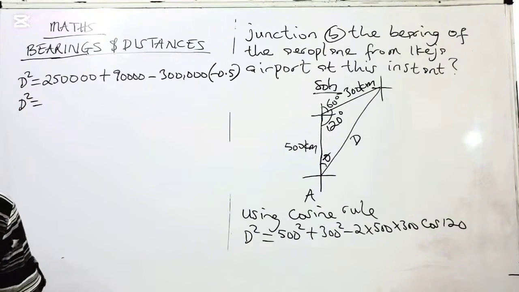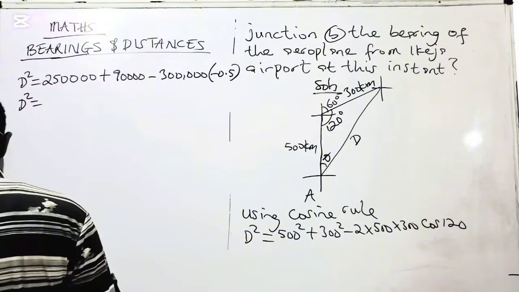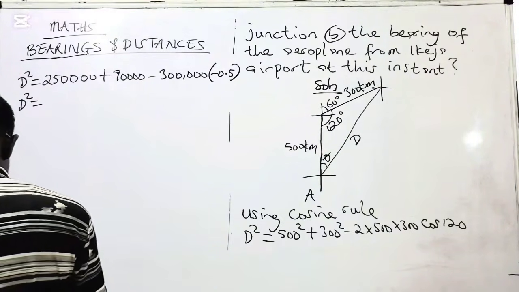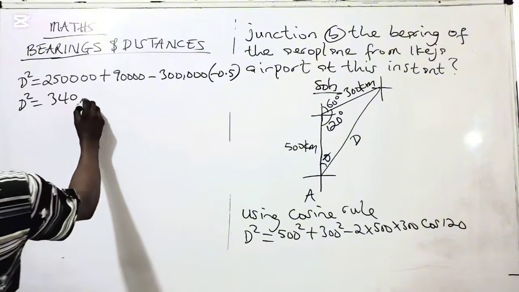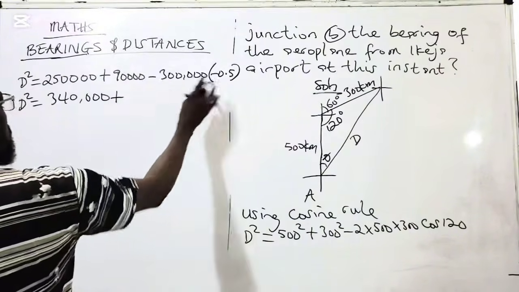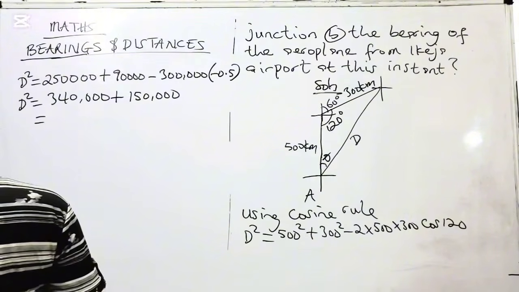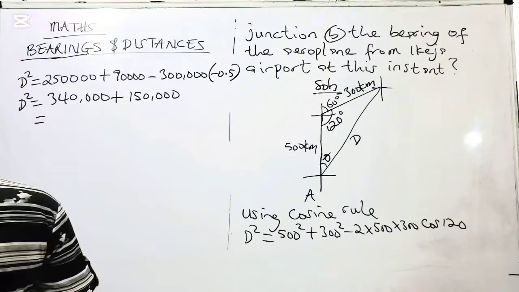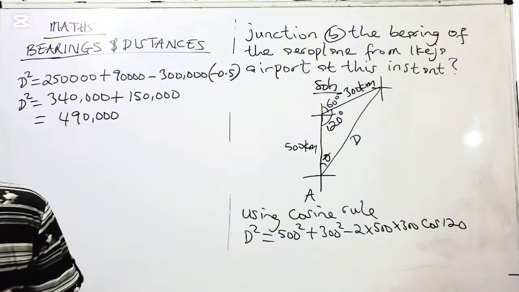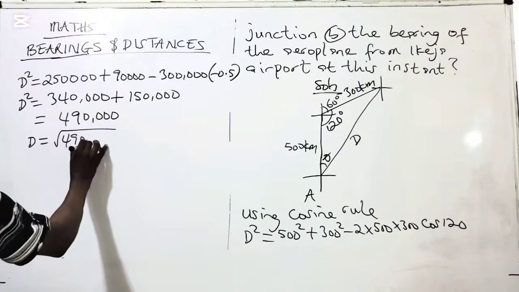So I have 340,000. Minus is plus, 300,000, that 150,000. Now 490,000. So d will be the square root of 490,000.